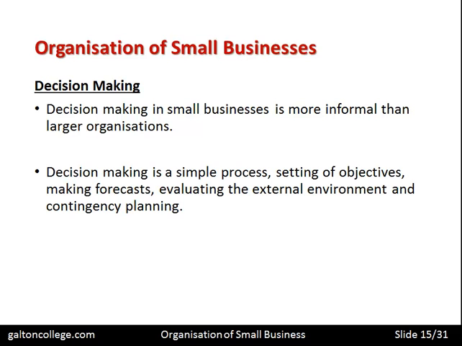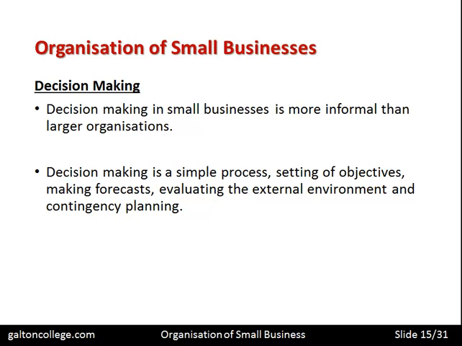Decision making is a simple process: setting of objectives, making forecasts, evaluating the external environment, and contingency planning. But it is quite a simple process because of the lack of consultation. But that also could be, of course, its weakness compared to bigger companies.